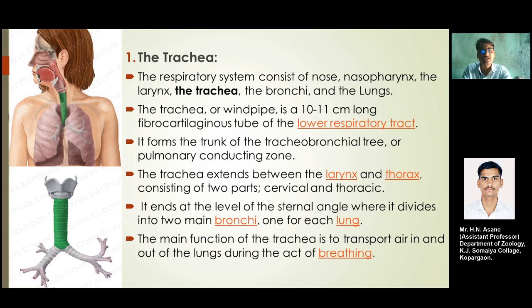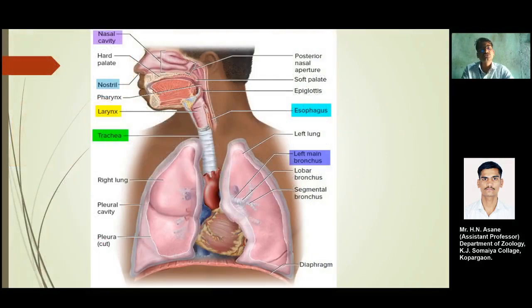Breathing inhales the gases, and in the lungs there are alveoli, where the oxygen is exchanged and mixed with the deoxygenated blood, and that is again supplied towards the heart to pump the oxygenated blood to various parts of the body.